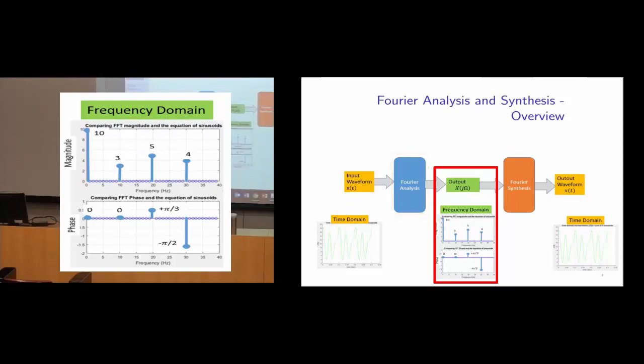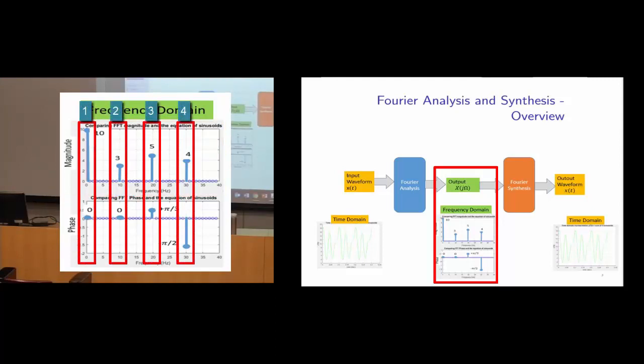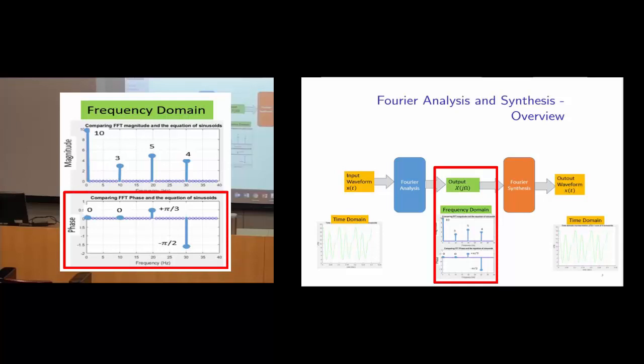Remember, a frequency representation is nothing but representing the original x of t by the number of cosine waves that it has, at which frequency and which amplitude, as well as its phase. Here, I have two graphs. One graph shows the amplitude of the cosine wave, where the horizontal axis is the frequency. In this figure, it clearly shows that I have 4 signals. The second graph, later on you will see, is the phase. Along with these 4 amplitudes of the cosine waves, I also show you the phase.